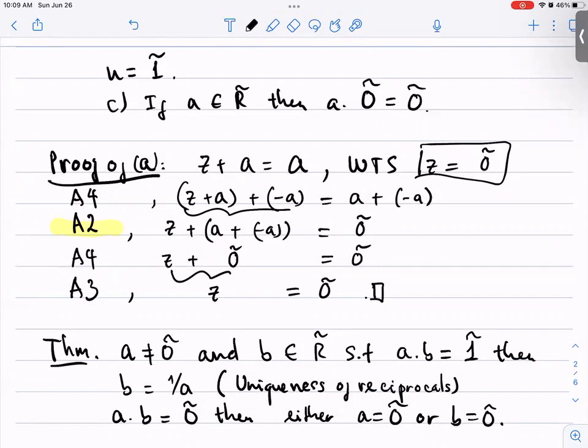So you see, this is an example of how you use algebraic properties to deduce a theorem about the set of real numbers. In this case, the theorem is about the uniqueness of the 0 element.